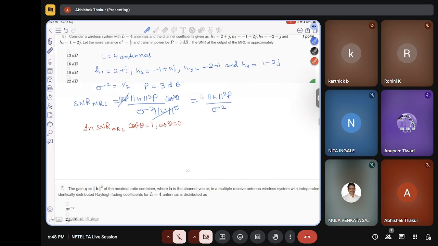So now the norm of h squared is given as mod of H1 squared plus mod of H2 squared plus mod of H3 squared into P by sigma squared.